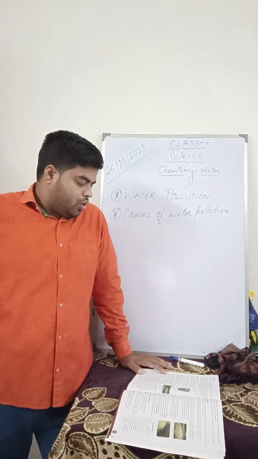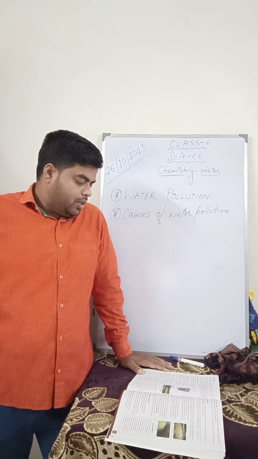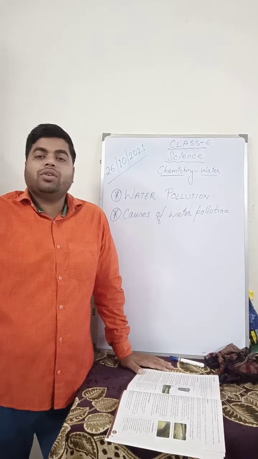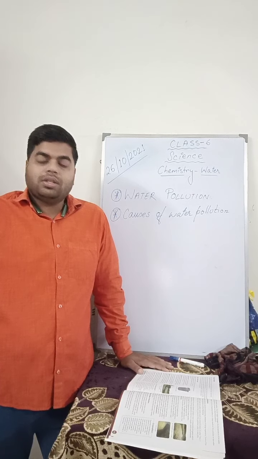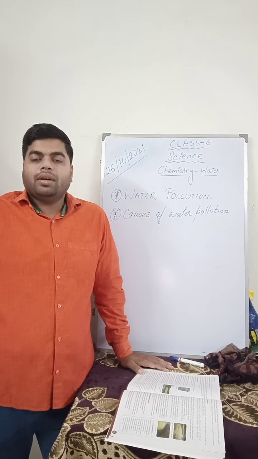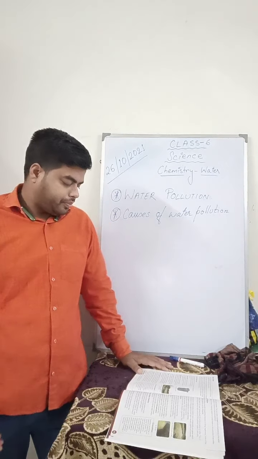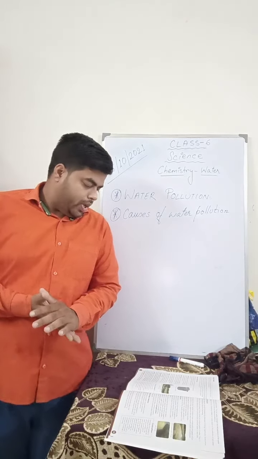Toxic compounds like chromium, cadmium, lead, mercury, and arsenic are released into water bodies along with toxic gases such as sulfur dioxide and nitrogen oxide. So you can mark this, you can underline this. These are the poisonous compounds that are produced as a result of producing some other product. Next is sewage.